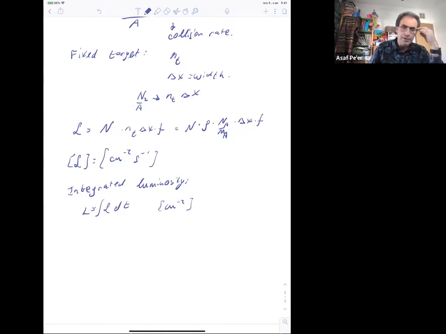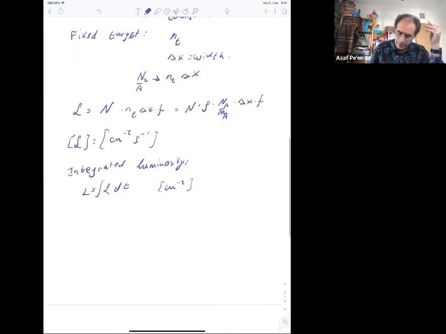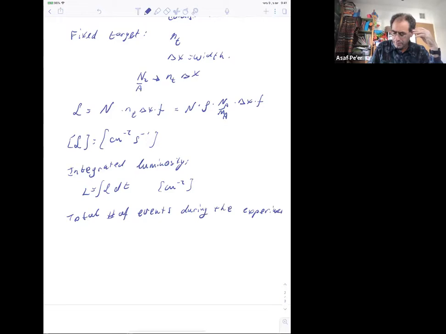And it's used when you want to consider the total number of events during the time the experiment is working. So the total number of events during the experiment, N, is L times sigma.